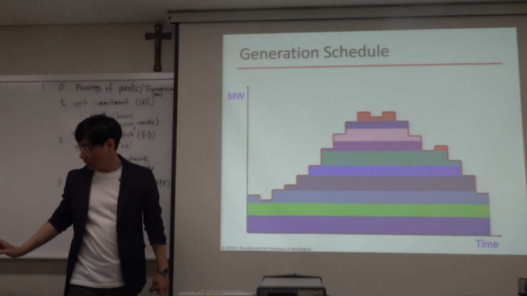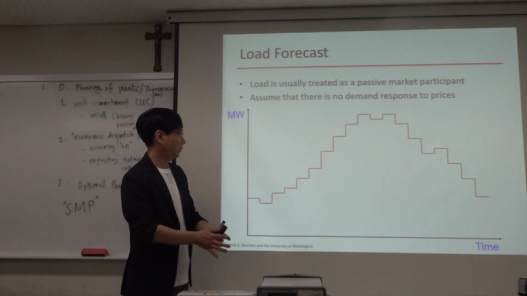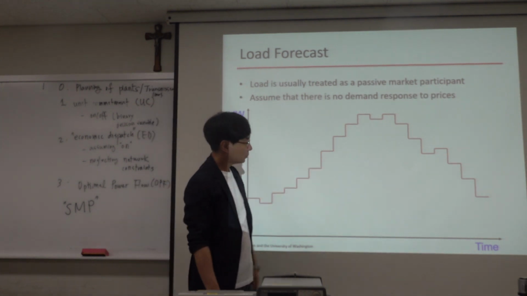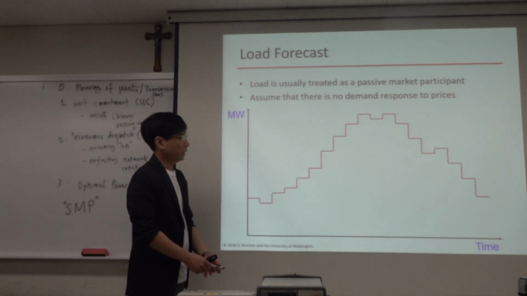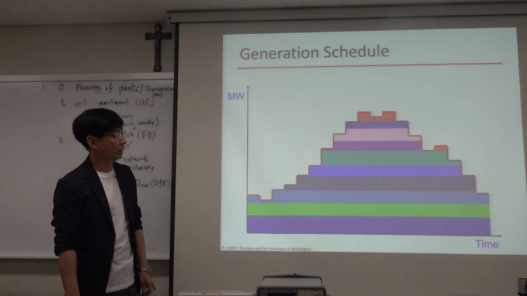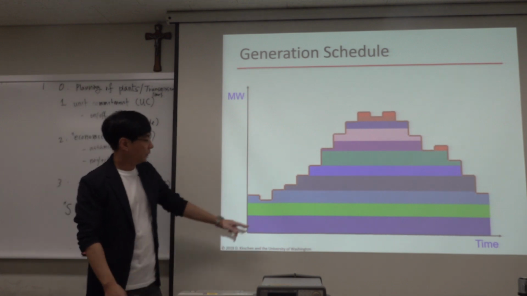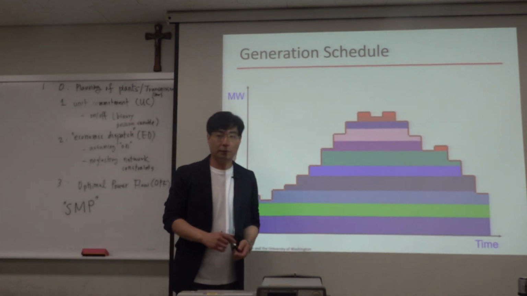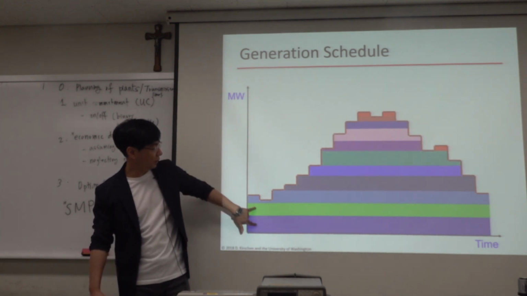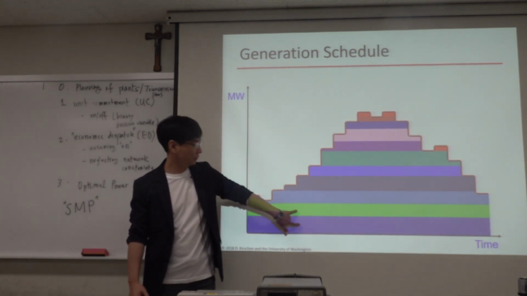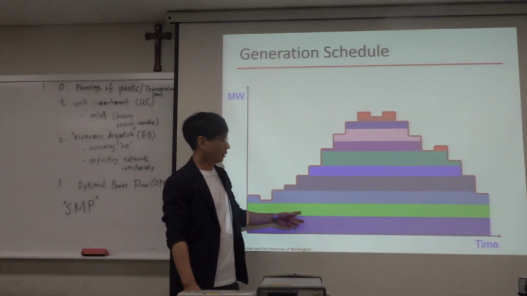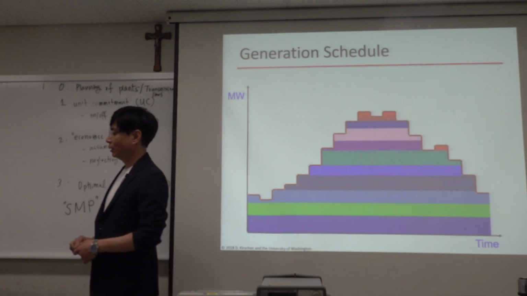Based on this load forecasting, in each time slot there is a load to satisfy using generation, and this is the generation schedule. You see different colors here. Different colors may mean different types of generators. Typically, these are nuclear power plants. When they are turned on, you cannot turn them off.